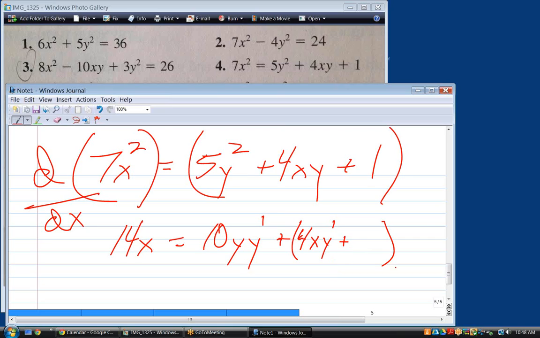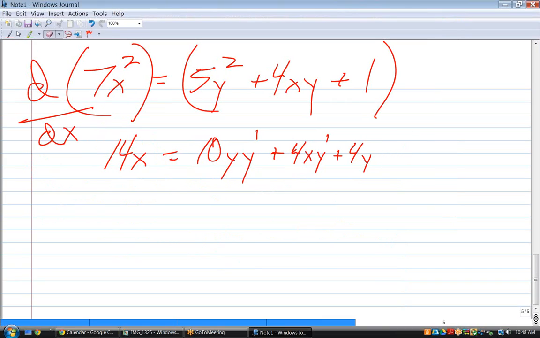Now the plus part of it. Okay. And then plus 4y. Yes. That part you don't need a y prime because you're not taking the derivative of y, you were taking the derivative of 4x. Okay? Now, because there's a plus sign in front of these parentheses, I don't need them. I'll just remove them. Now what?